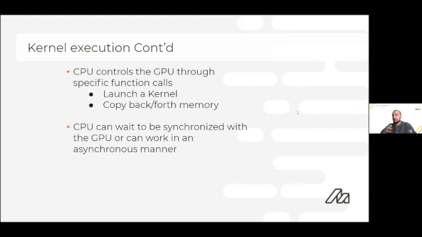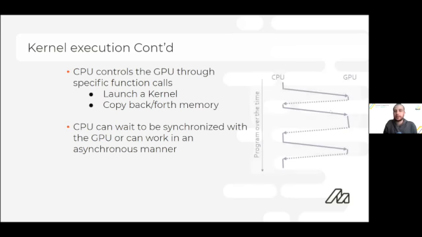Regarding the GPU calls and the kernel calls, in the illustration in the previous slide, we saw that the CPU waits for the GPU to run its program, but this is not always the case. It can be synchronous or asynchronous with the CPU. In the synchronous fashion, you can see that the execution is passed back and forth between the CPU and the GPU.